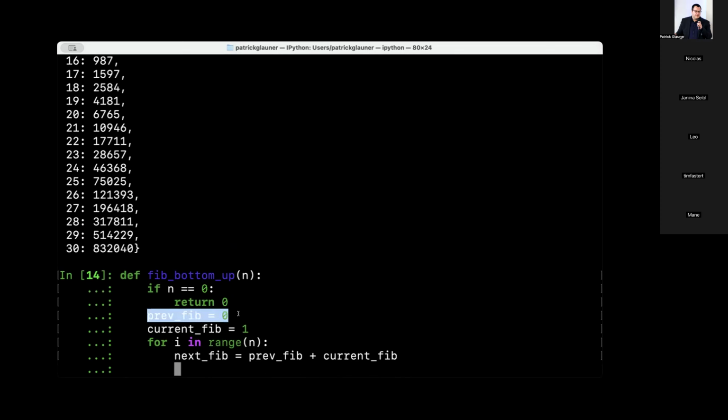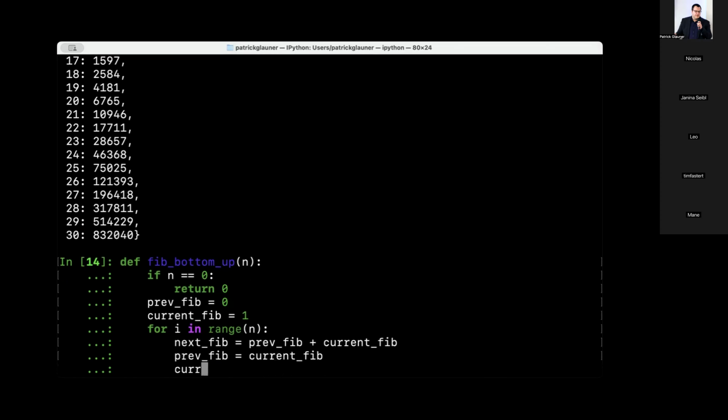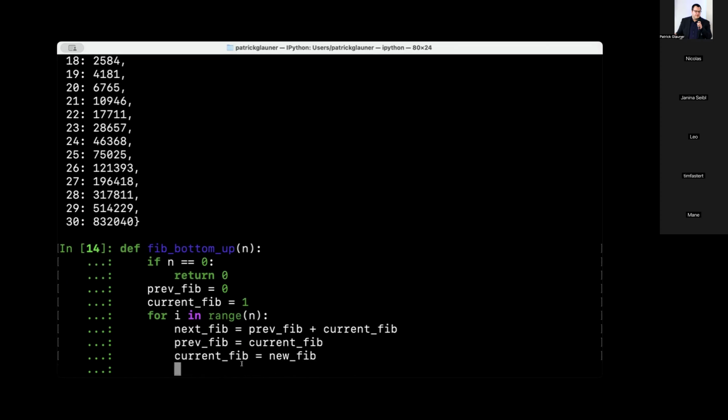What I don't need is the very beginning one, because now I have the current one and the next one. So I don't need the previous anymore, but I still need these variables. So I will say my previous Fibonacci number is now the current Fibonacci number, and my current Fibonacci number is the new Fibonacci number. And then this loop keeps running until I'm done. And I can return the current Fibonacci number.